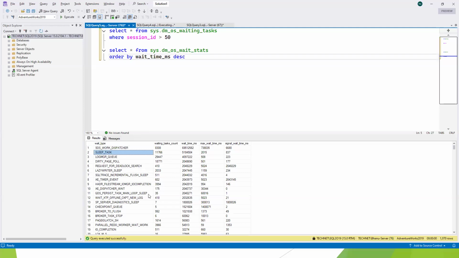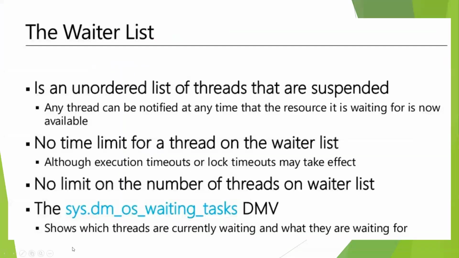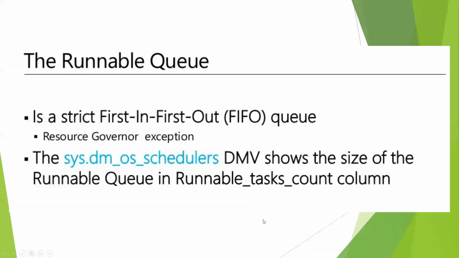So sleep and all that, there are a few things you don't need to worry about at all, right? So this query will tell what the historical waits are, and which threads are currently waiting and what they are waiting for.